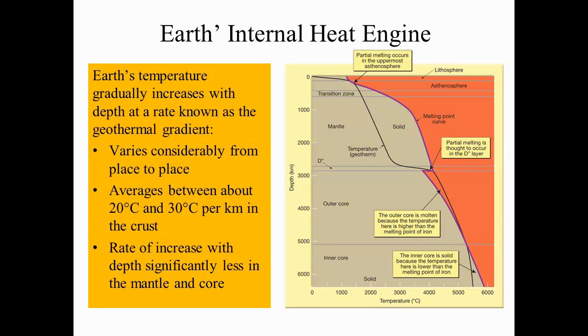And then when we enter the D double prime layer, there's again an abrupt increase in temperature with depth, followed by a modest increase of temperature with depth within the outer and inner core. So clearly something is changing in these different seismic layers or mechanical layers, and we're going to look at this in a little bit more detail.